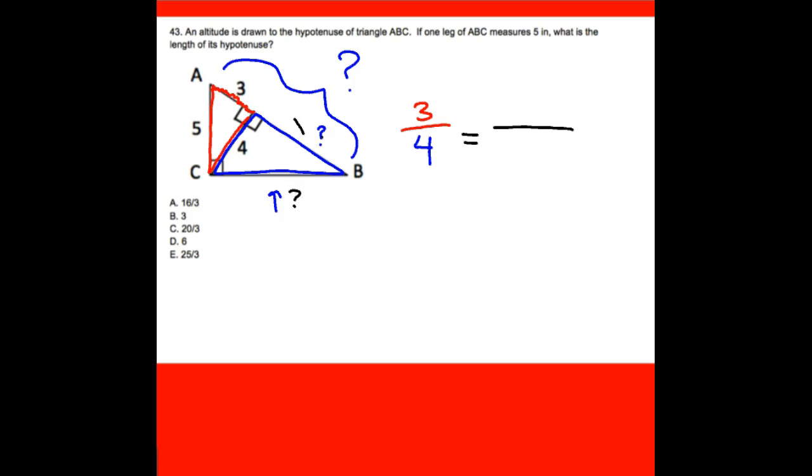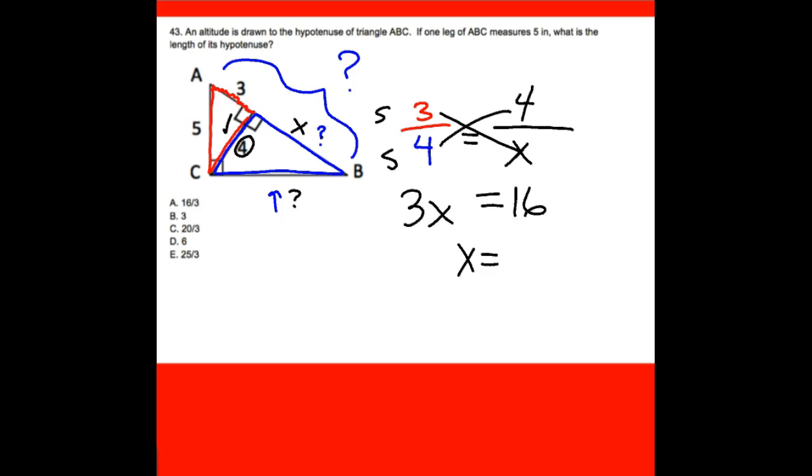My question mark's over here, so I'm going to put an x over here. I'm looking for the long side of the blue. Do I know the long side of the short one? And I do. It's 4. 4 is the long side of the red triangle. So I'm doing short to short is long to long. And then I'm going to solve that. 3x equals 16. x is equal to 16 thirds.